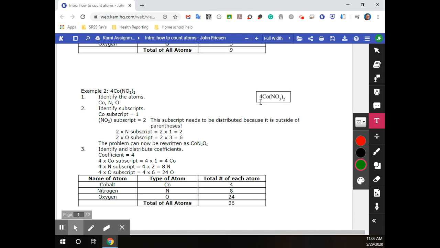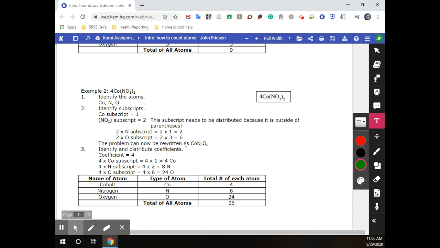Whatever is on the outside, you multiply by what's inside the brackets. So we take the N and multiply 1 by 2, which is 2. Over here we have a 3 for the O, so 2 times 3 is 6. If we took the brackets off, these would now be 2 and 6.